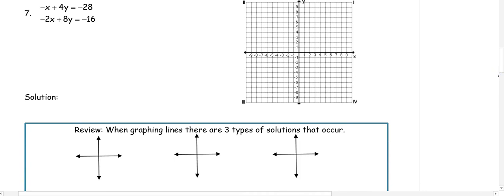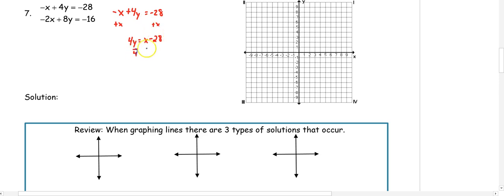So let's look at one more graphing problem. So in number 7, we have negative x plus 4y equals negative 28, and negative 2x plus 8y equals negative 16. So I have negative x plus 4y equals negative 28. So to solve for y, the first thing I'm going to do is add x to both sides. 4y equals x minus 28.